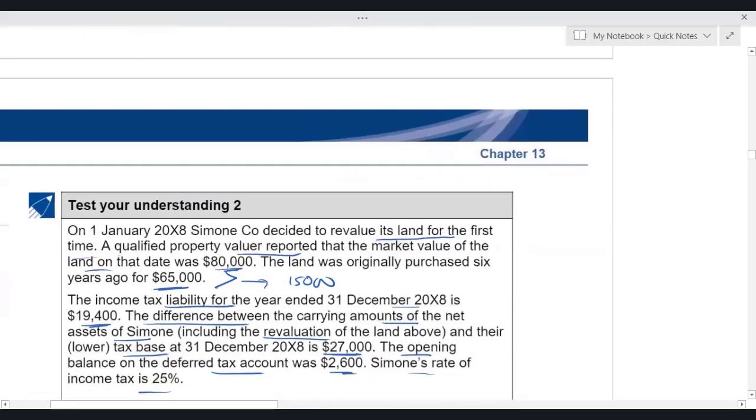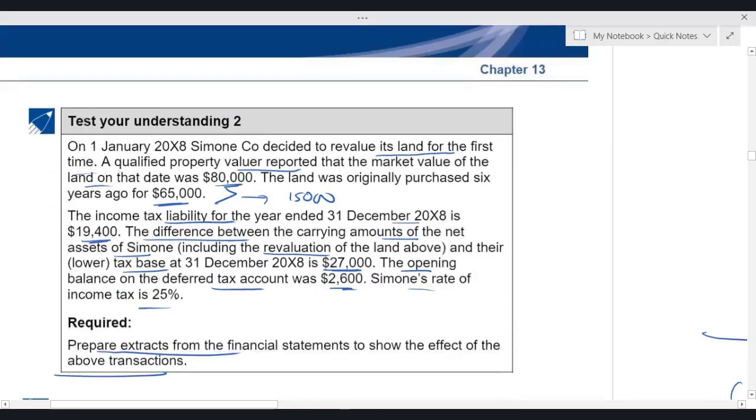Tax rate. What is the tax rate? Tax rate is 25%. And please check here. The difference between the carrying amount of the net assets of Simon, including the revaluation, which is 15,000, and their tax base, the total difference is 27,000.